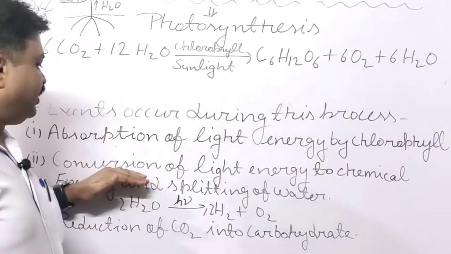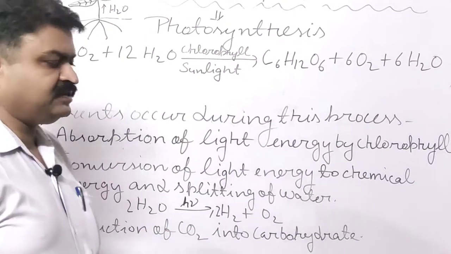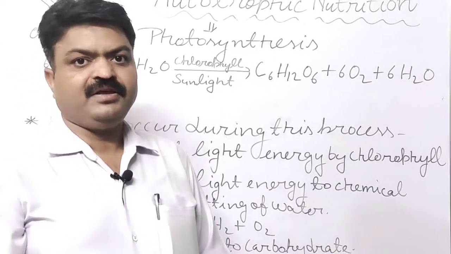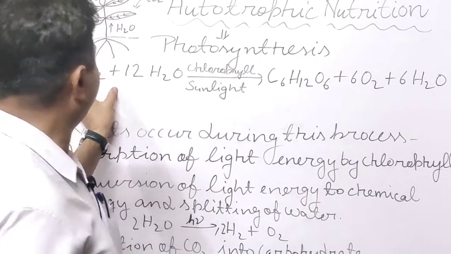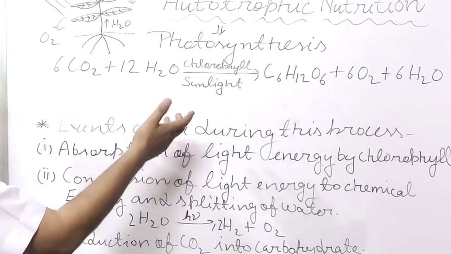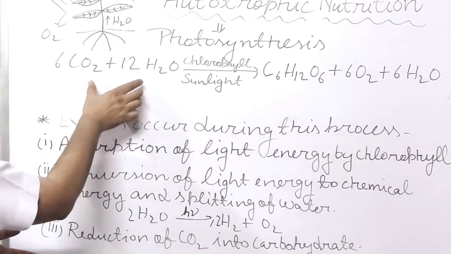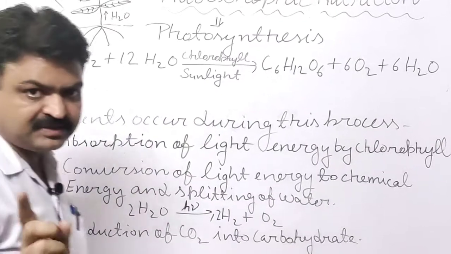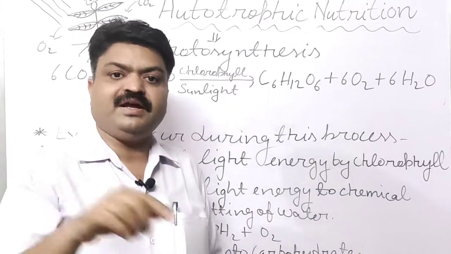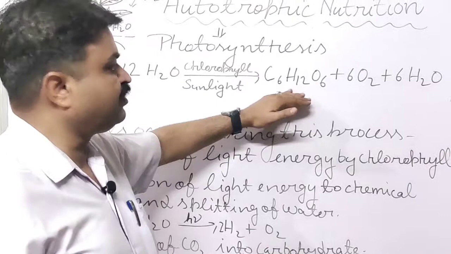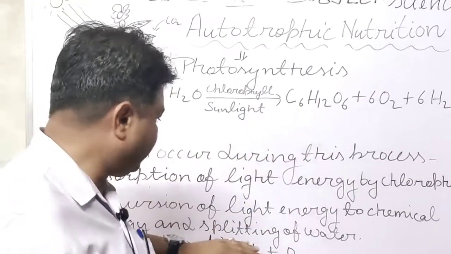Next event, students, conversion of light energy to chemical energy. Here carbohydrate is forming with the help of sunlight, so we can say that solar energy is converting into chemical energy.